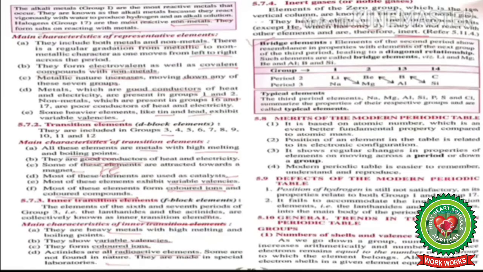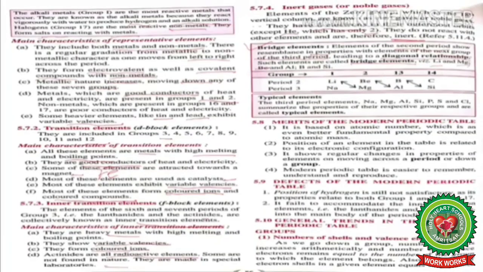Now, bridge elements. Elements of the 2nd period show resemblance in properties with the elements of the next group of the 3rd period, leading to a diagonal relationship. Such elements are called bridge elements. For example, lithium, magnesium, beryllium and aluminium, boron and silicon.